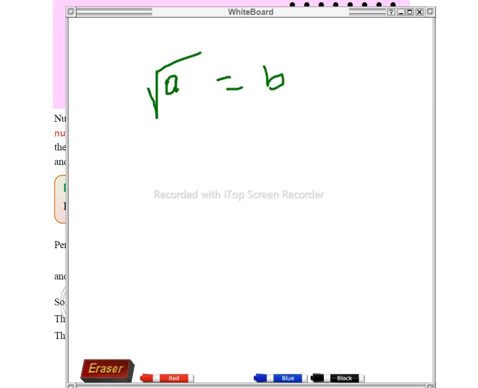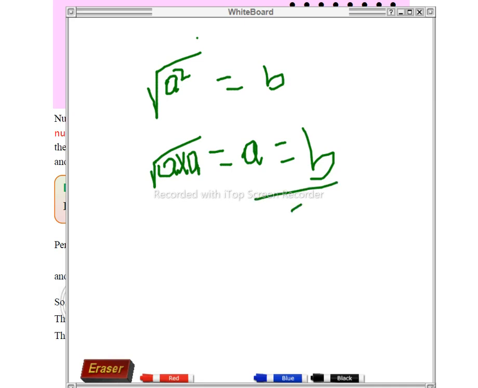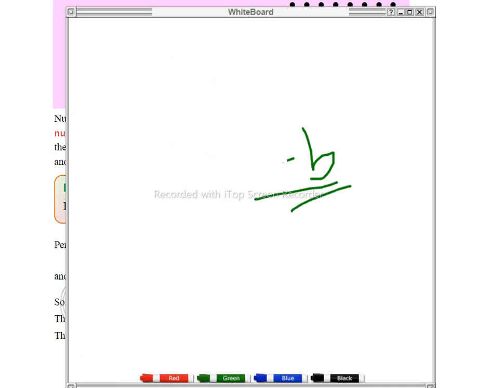When we take the square root of this, we get a times a, and when it is out of the radical, it is equal to a. So a is a square root of b. This is the definition of a square root.